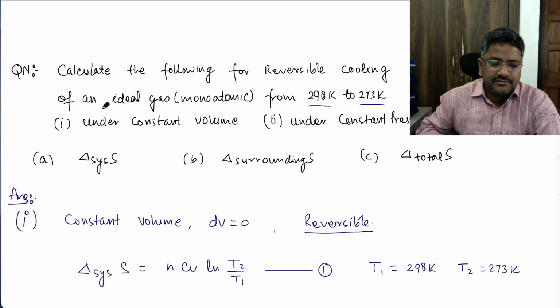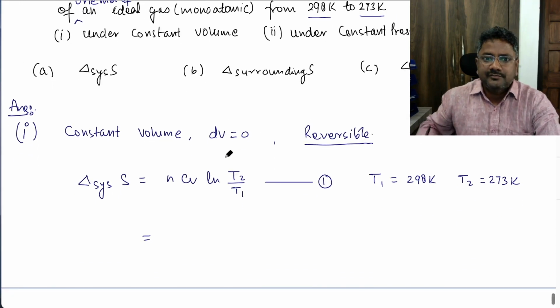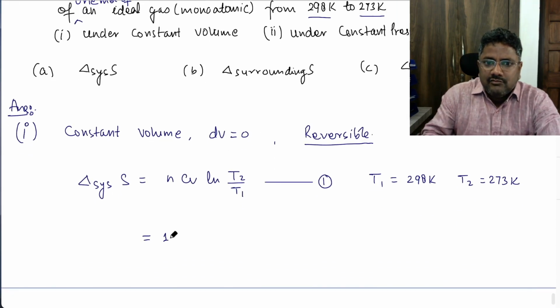Don't take from your side, or I can put one mole of an ideal gas cooling. So one mole, and CV is equal to what?